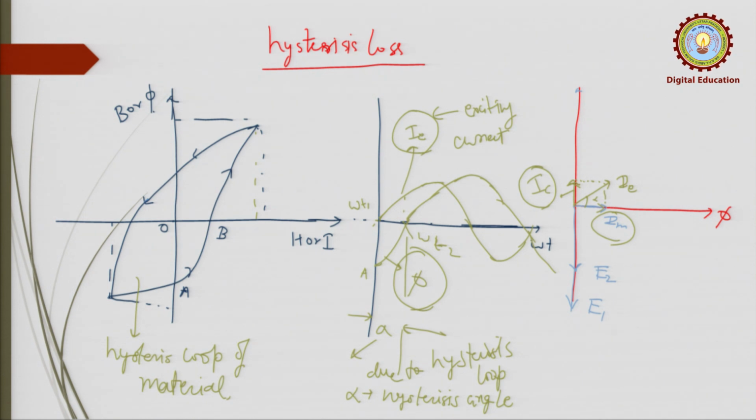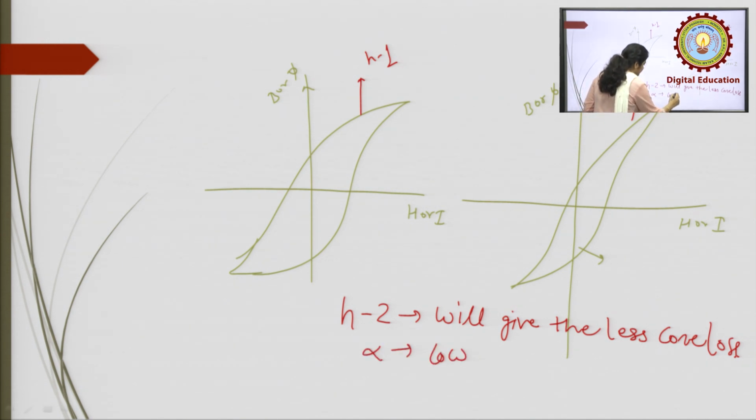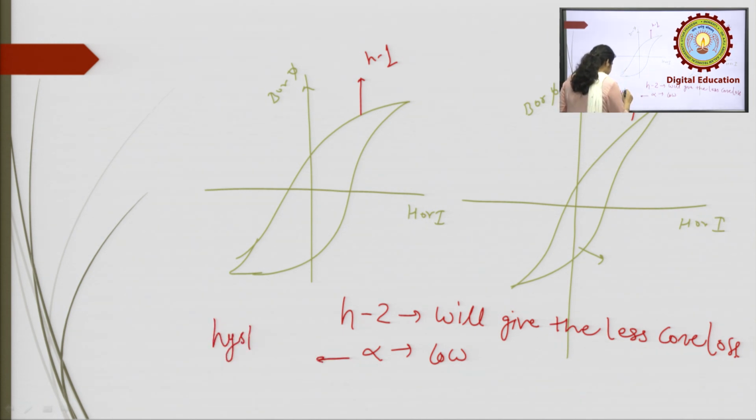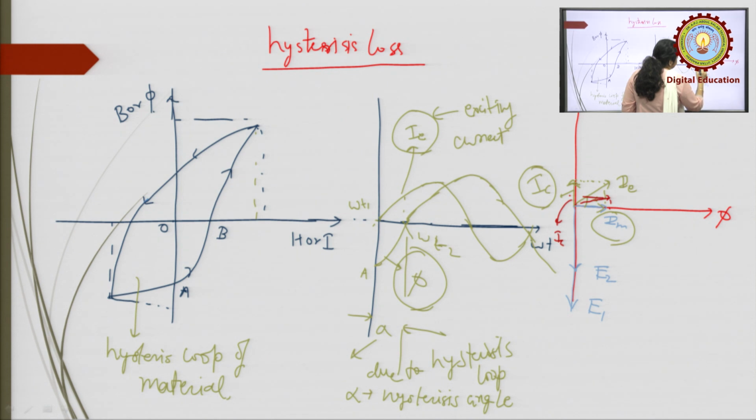Why so? If the width of the loop is less, the hysteresis angle becomes low. If alpha is the hysteresis angle, then as alpha reduces, I tends more towards the flux, so the length of IC becomes less.